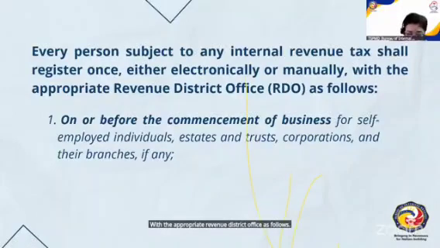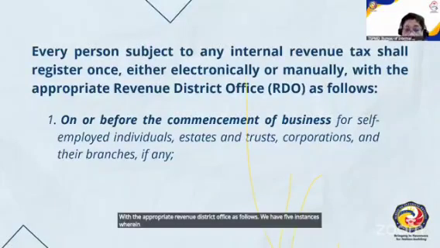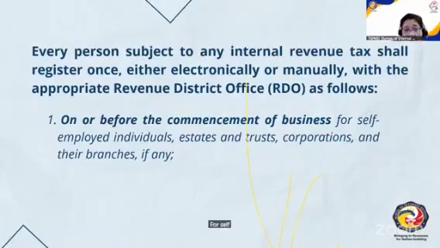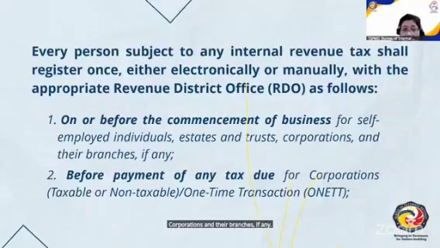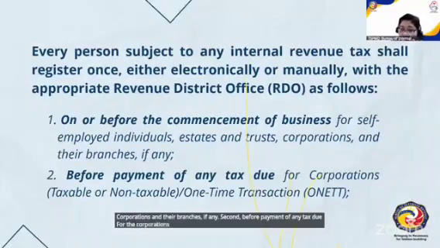We have five instances. Number one, on or before the commencement of business for self-employed individuals, estates and trusts, corporations and their branches, if any. Second, before payment of any tax due for the corporations, whether taxable or non-taxable, or the one-time transaction, what we call the ONET.